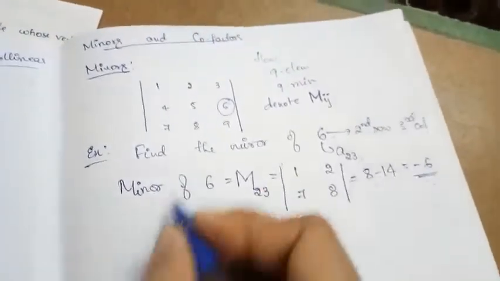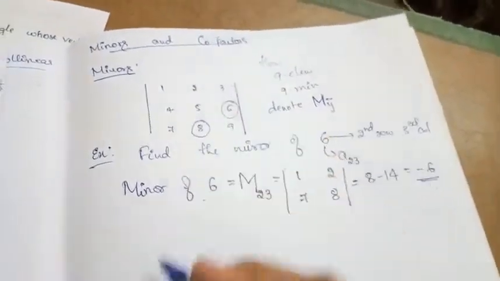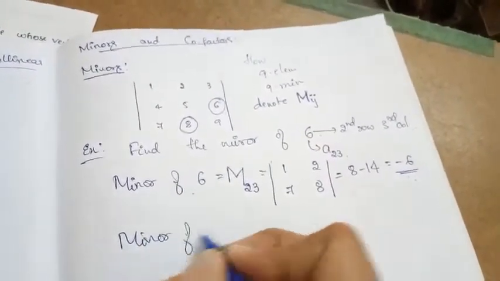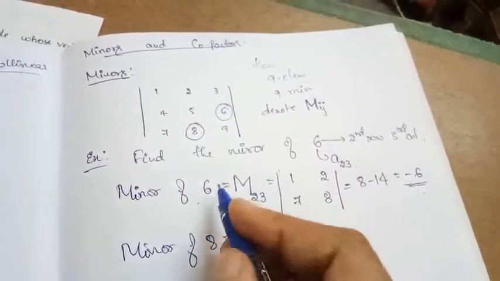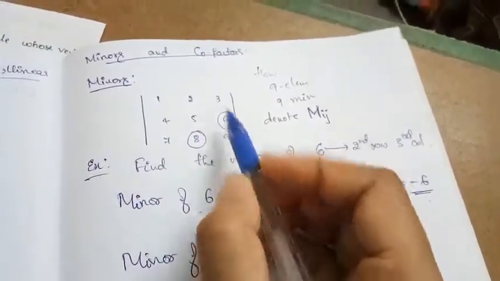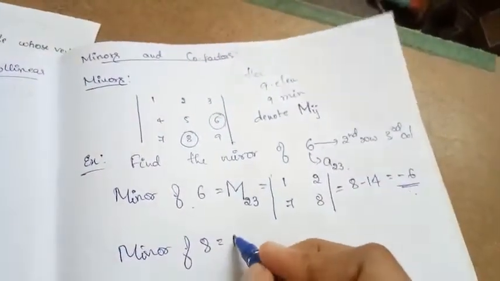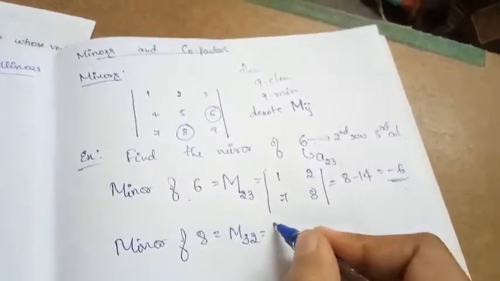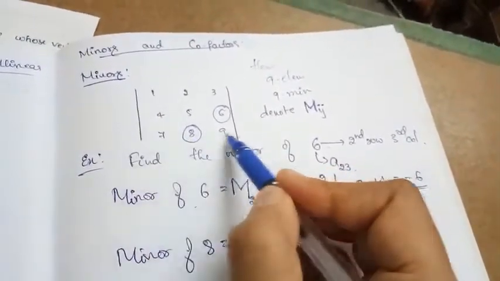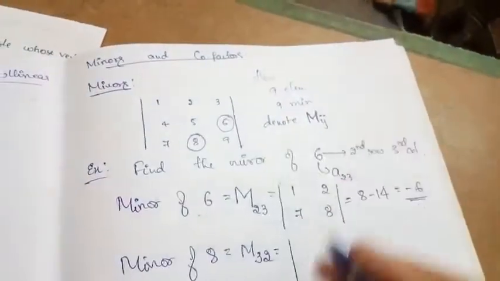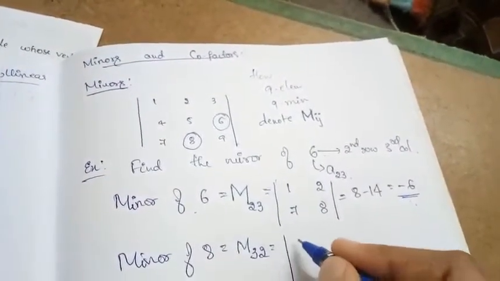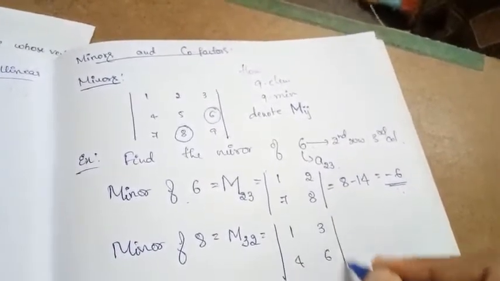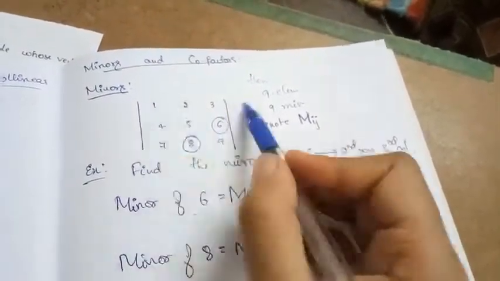Suppose you take another example. If I ask you to find the minor of 8, where is this 8 lying? It is lying in the third row, second column. After deleting the row containing 8 and the column containing 8, what are the elements remaining? 1, 3, 4, 6.